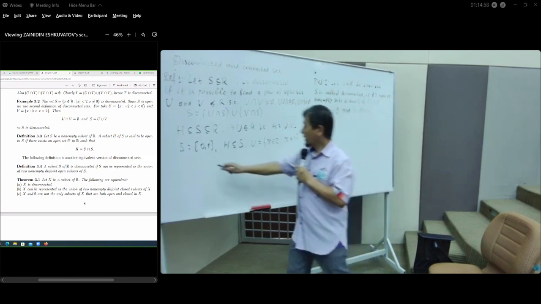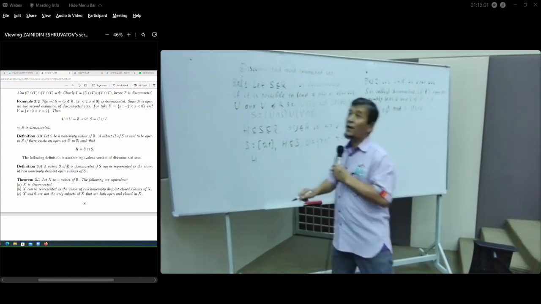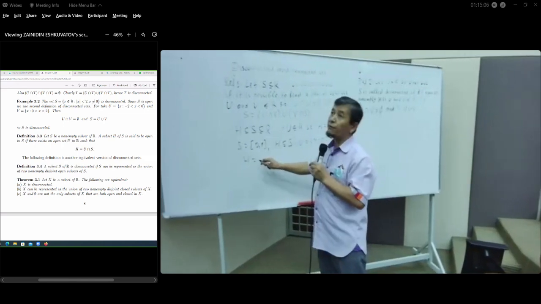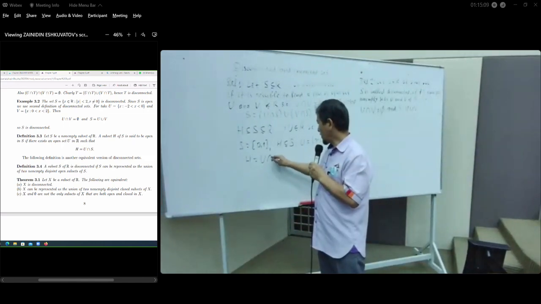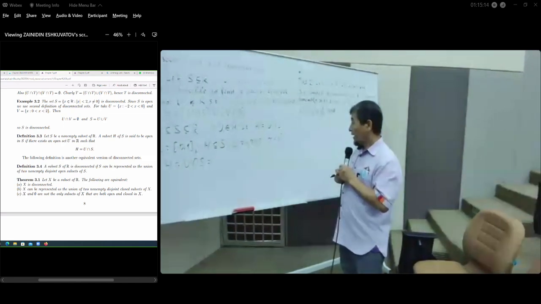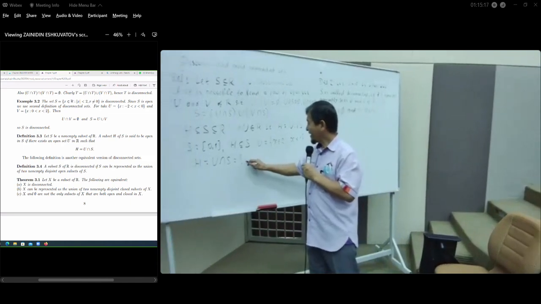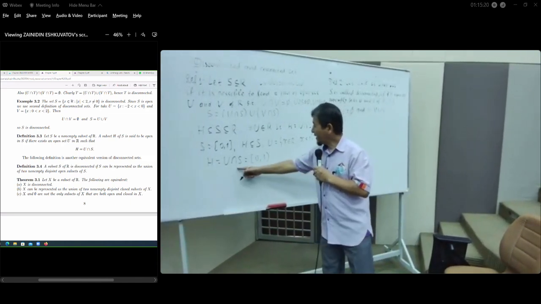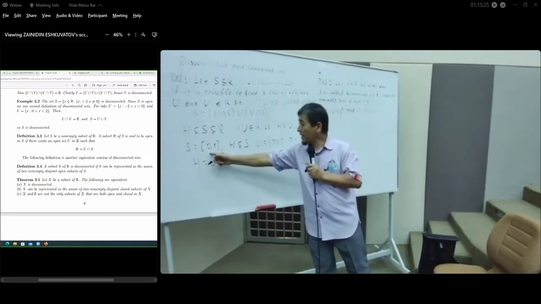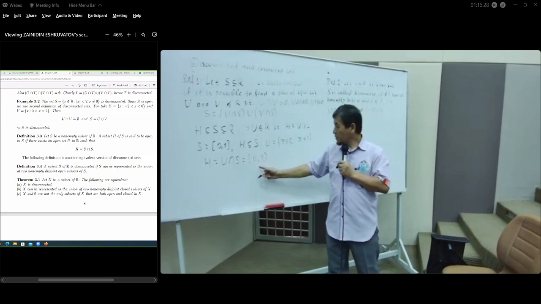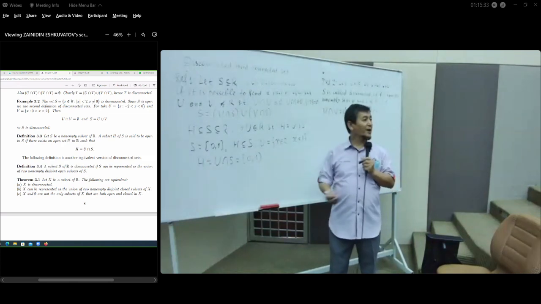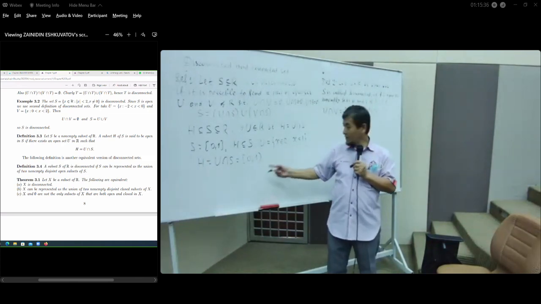If I take it like this, can H be the intersection of U with S? U is an open set, and the intersection with S is a closed set. So you can see I cannot construct U in such a way.